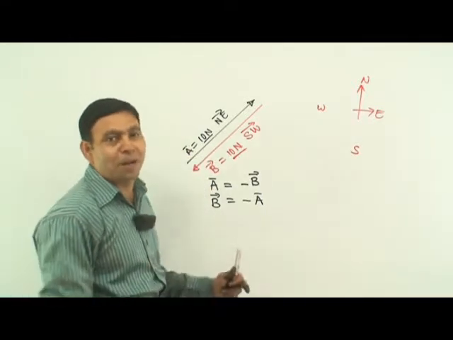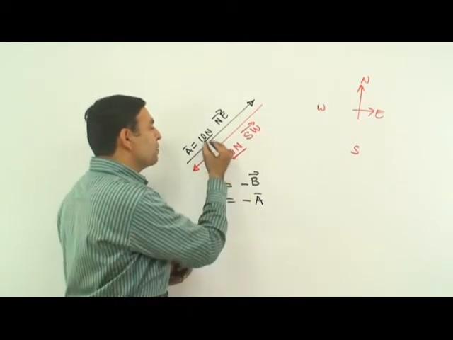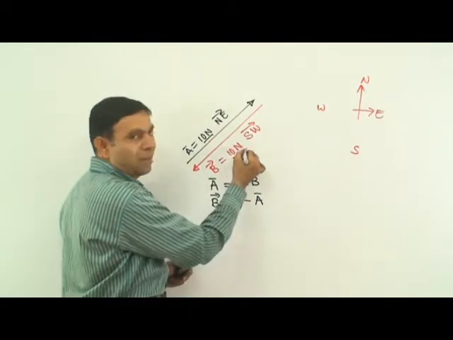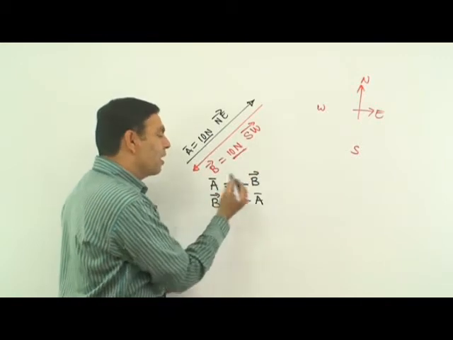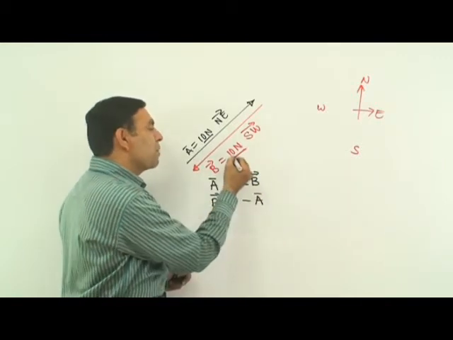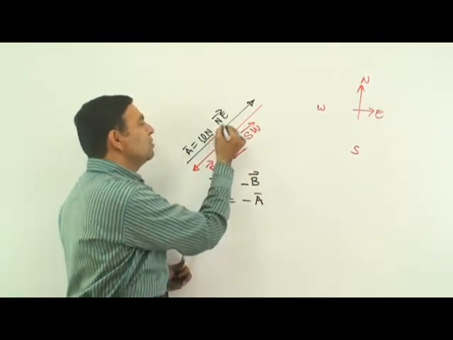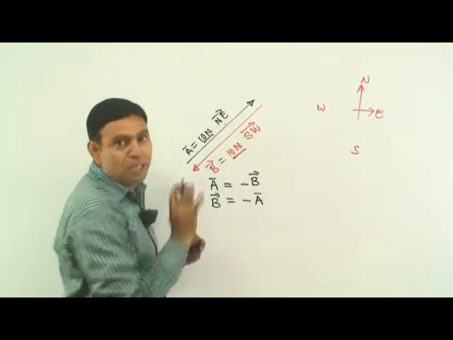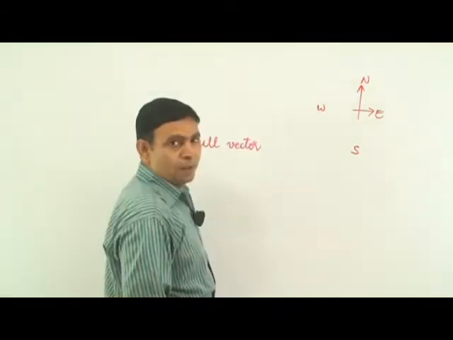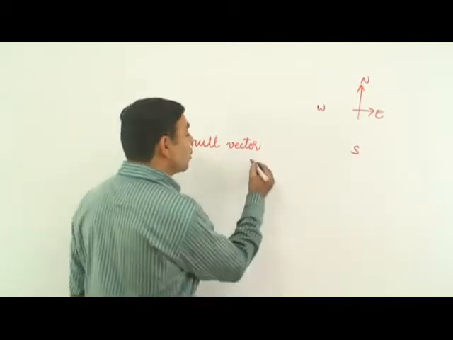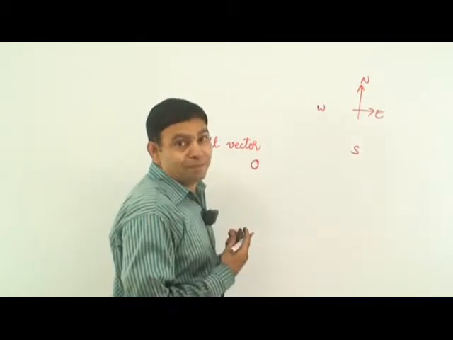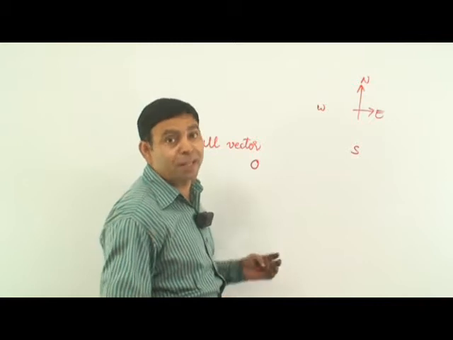Mind you, when I am telling same magnitude, I mean same number and same unit as well. Fine? A vector and a negative vector should have same number and same unit, just that they do have opposite direction.